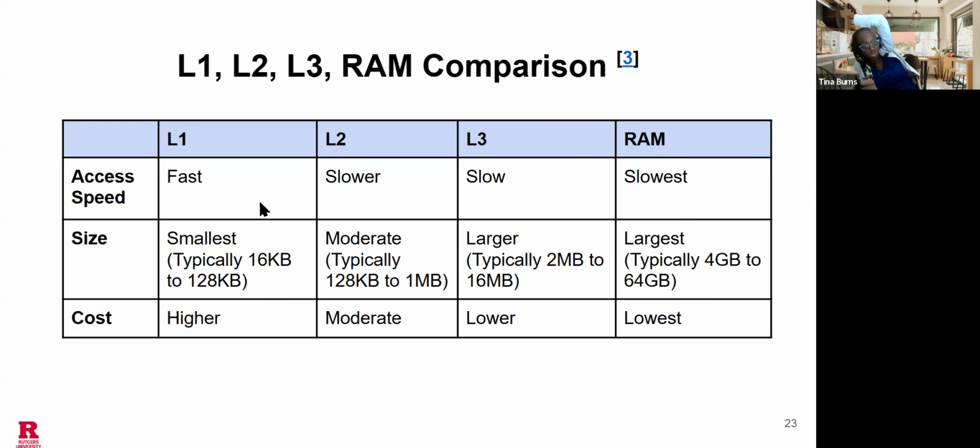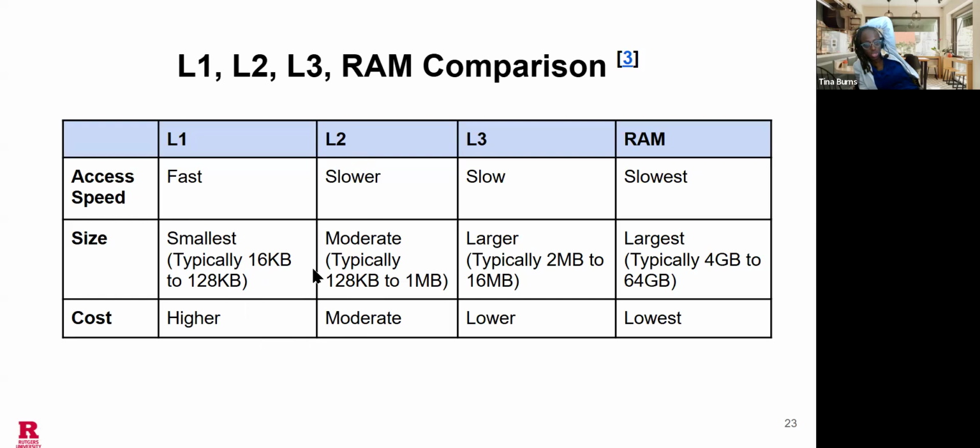In terms of your access speed, as I stated before, L1 is going to be the quickest. This right here is going to be your typical size of it, 16 kilobytes to 128. And again, you could go a little bit larger, but you want to be careful because the larger you go, it kind of defeats the purpose. The cost of this is going to be the most expensive for those items.